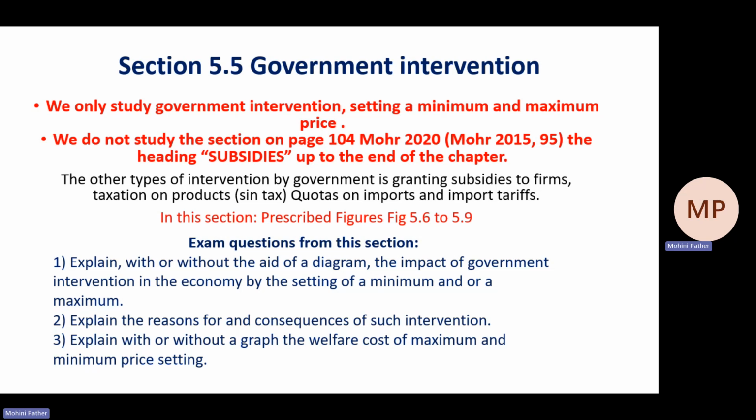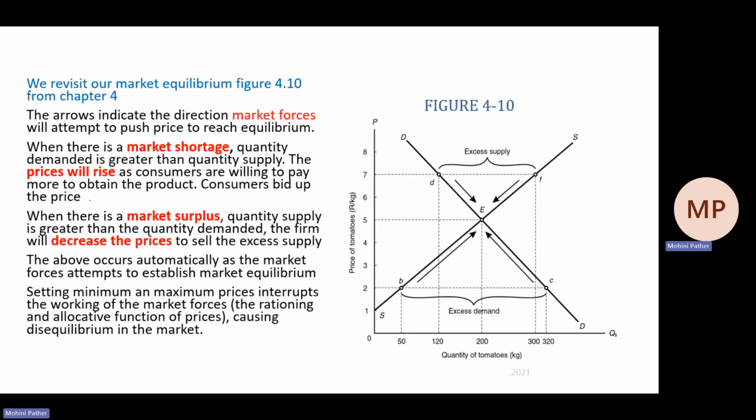And in a more restricted market, obviously, if the government is telling you what you will pay people or what you will sell your product for, it does limit a lot of your ability to meet market demands. So we're going to explain with and without a graph how these welfare costs are actually shifted across different social groups.